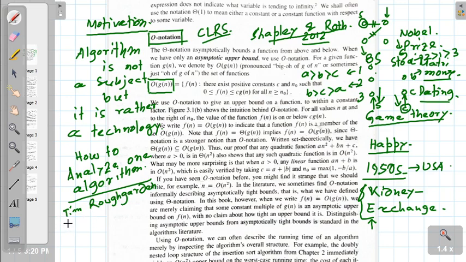So Tim Roughgarden's Algorithms Illuminated, the Kindle edition is available, you can purchase. So these are the four book series we are having.